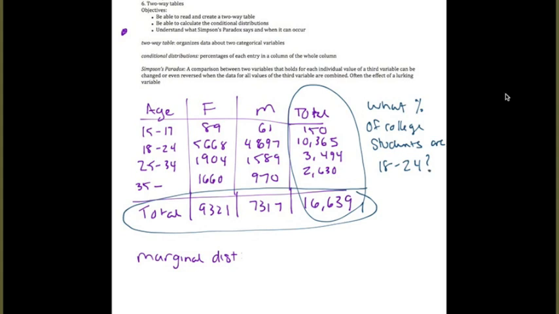First, we need to know how many of them are 18 to 24, which would be 10,365,000, out of the total, since with a percent we're looking at out of everything. So 16,639. Doing that division on a calculator gives us 0.623. Since it said percent, we bring that decimal up twice. So 62.3% of students enrolled in colleges are what we would call traditional college students.